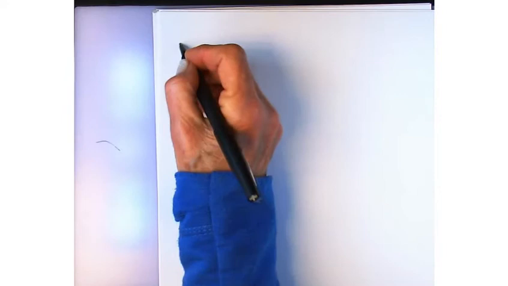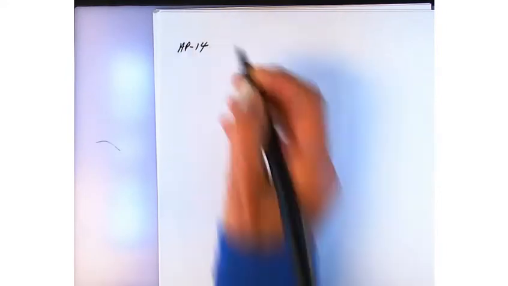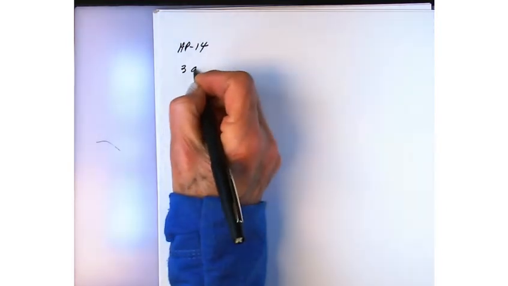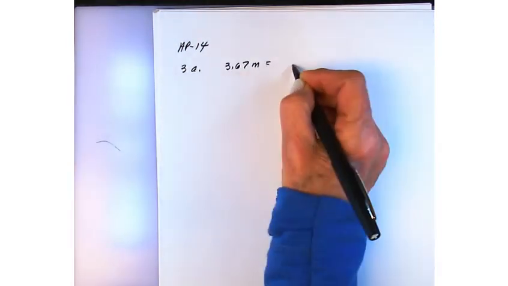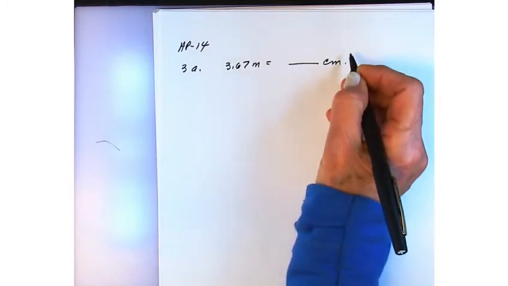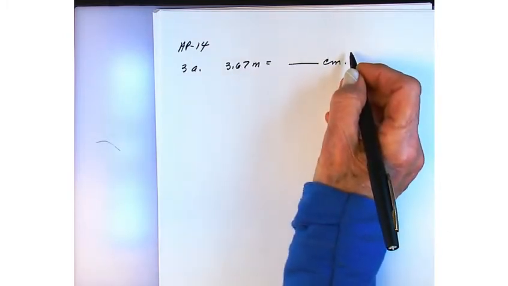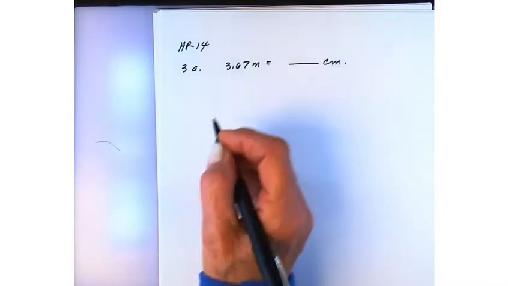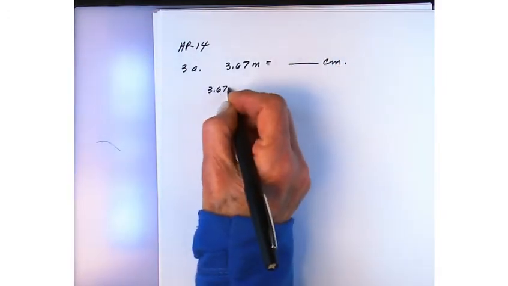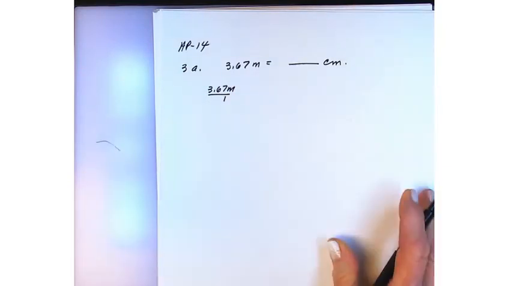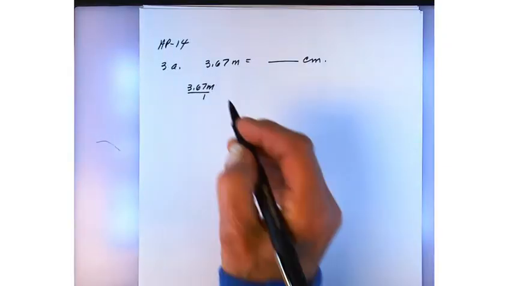Now, looking at page AP14, 3A, 3.67 meters equals how many centimeters? I encourage you to use the conversion as we have.